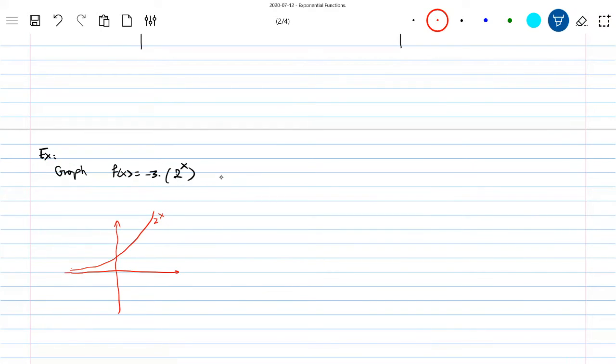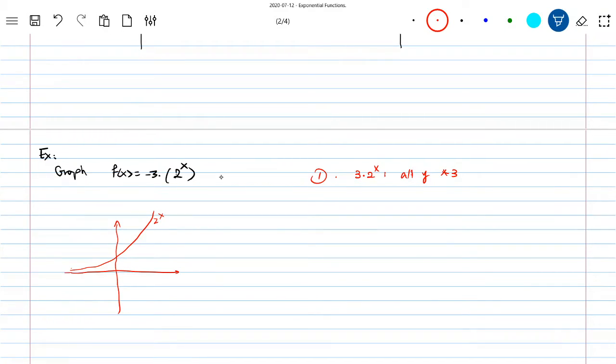You remember, if you multiply by 3, what happens? Here, that 3 times 2 to the power x is basically multiplying all the y values by 3. That's what happens. All the y values times 3.